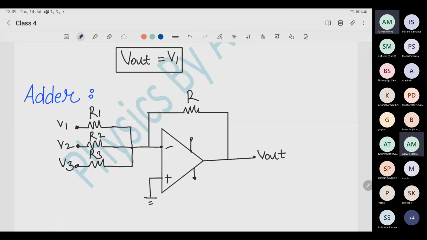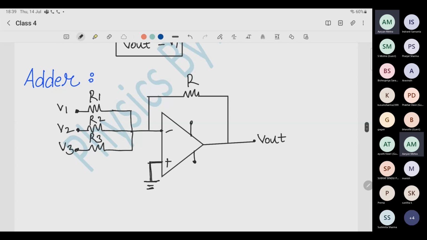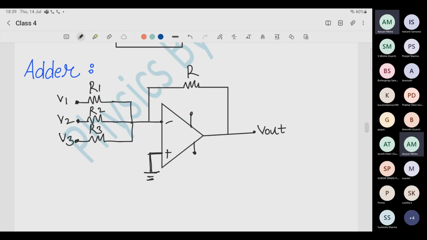Sorry, I'm again and again making this mistake. Ground your positive or non-inverting terminal and give your feedback by applying a resistance. This is a very simple circuit. Once you do 3-4 problems, you will remember how to draw this circuit.